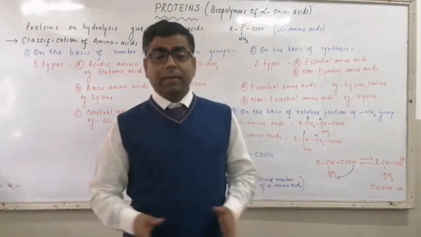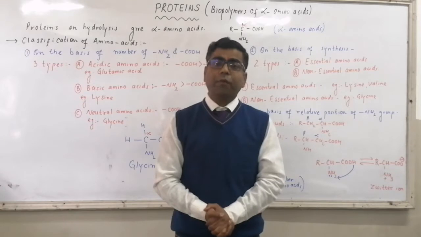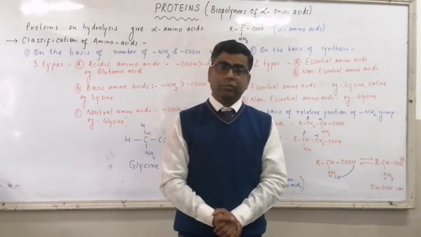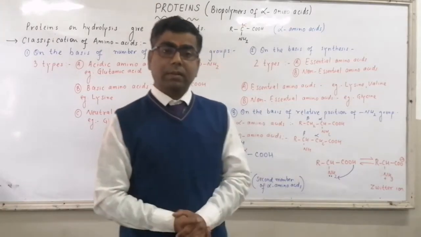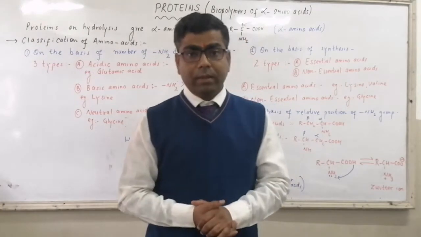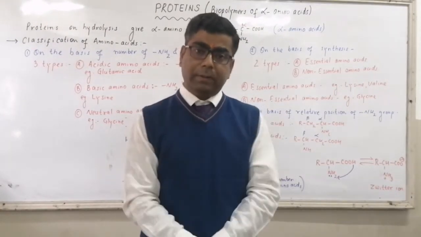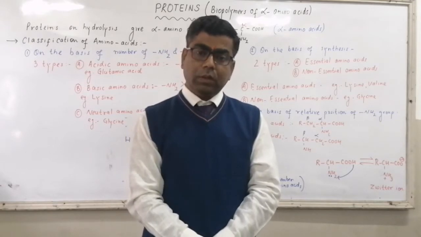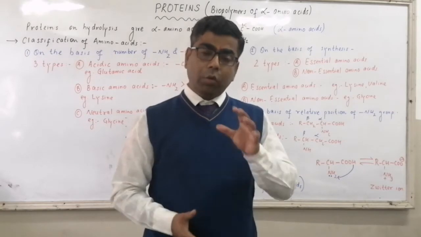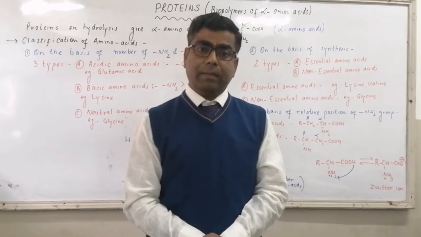So what are proteins? Proteins are the biopolymers of alpha amino acids. Proteins are the polymers. As they are present in living beings, that's why they are also called biopolymers. And what is the monomeric unit? Monomeric unit here is alpha amino acids.